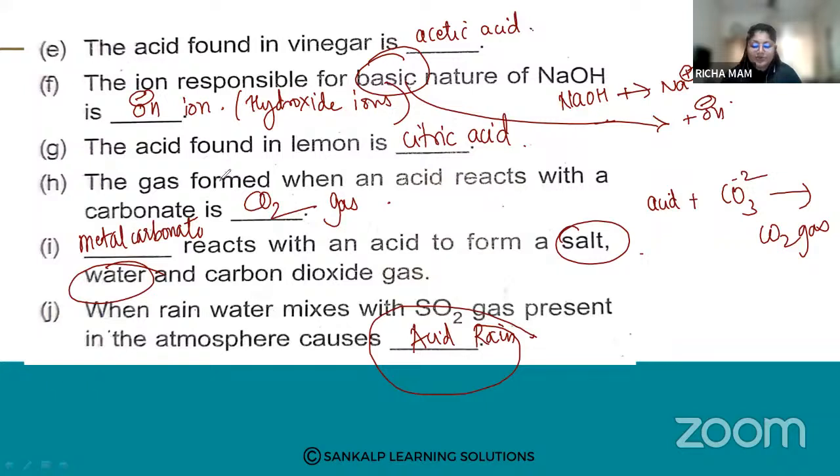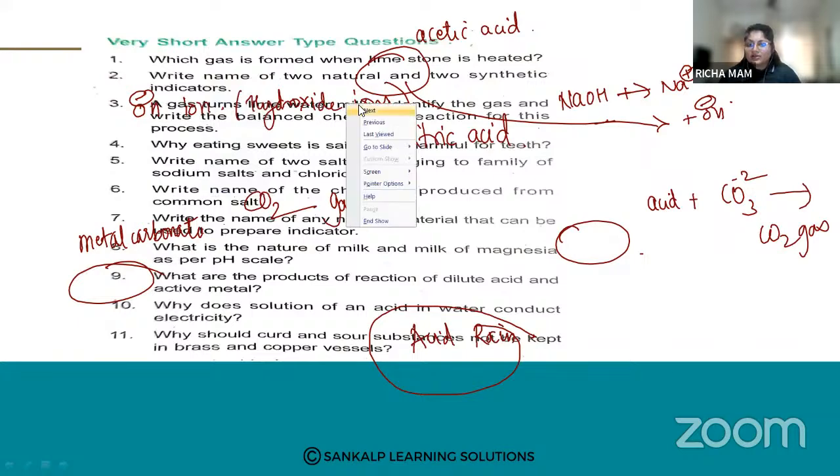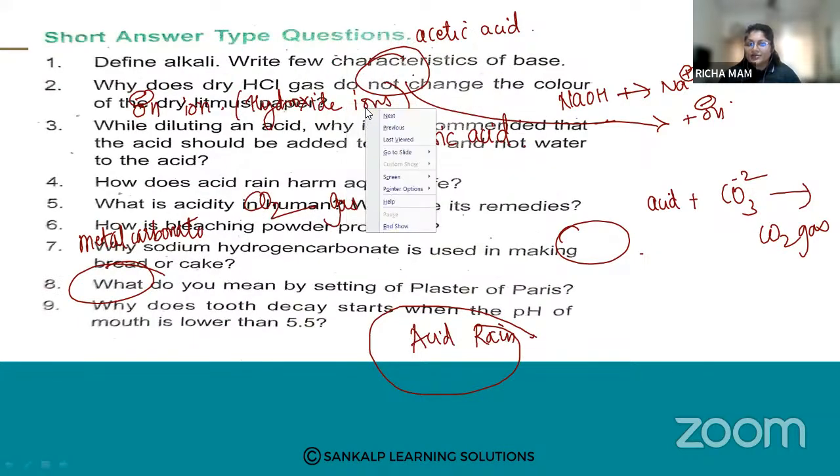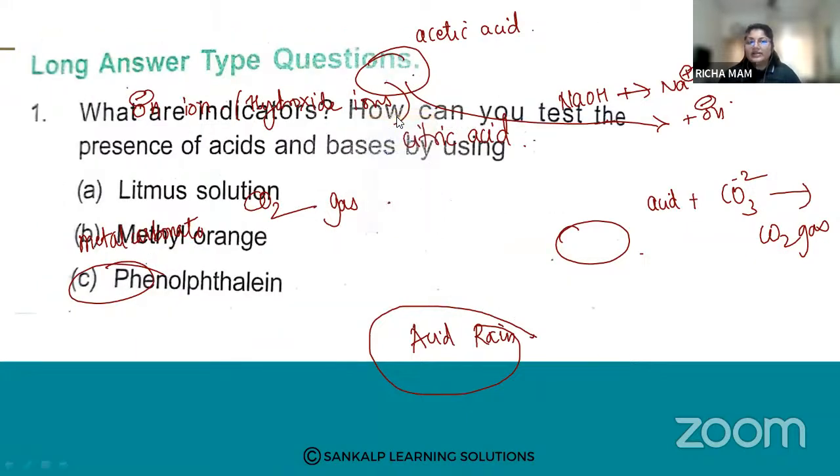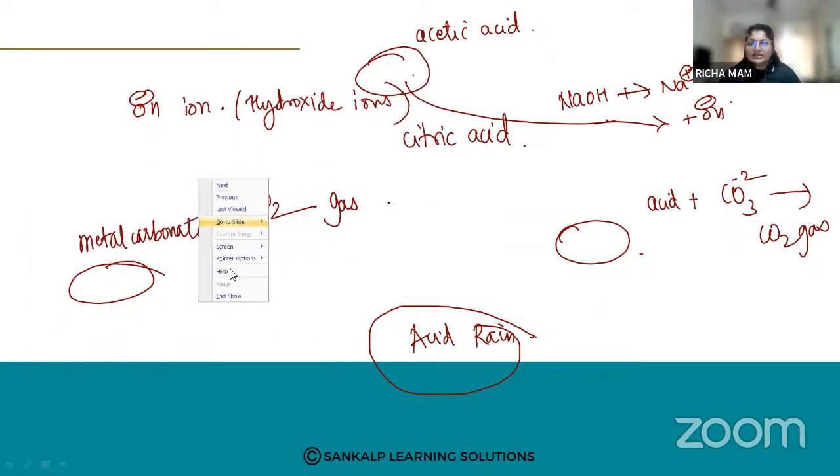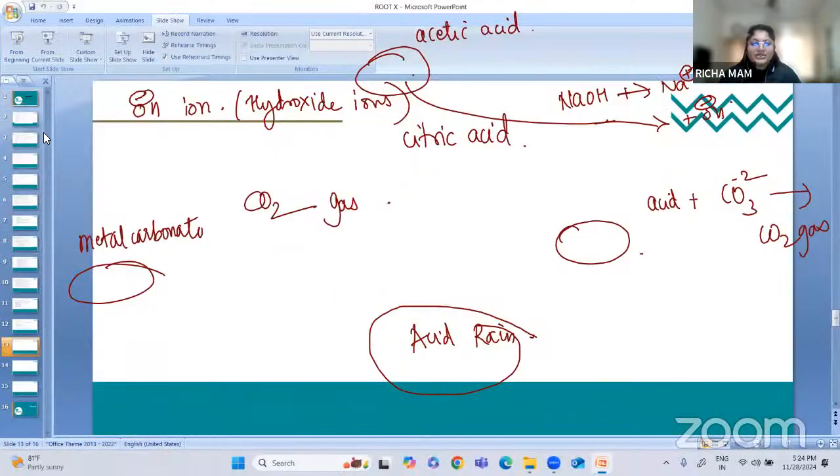So in today's session, we have discussed the MCQs as well as the fill in the blanks. We have some very short answer type questions, some short type questions and long type questions. These questions we'll be discussing in the next slides. I hope today's session is clear.